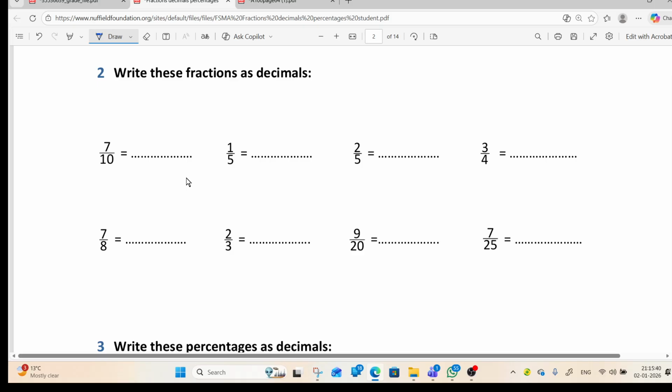Very good. Write these fractions as decimals. Tell me this: 7 over 10 as a decimal. 0.7. Very good. And 1/5 as a decimal. So we will divide 1 by 5, right?